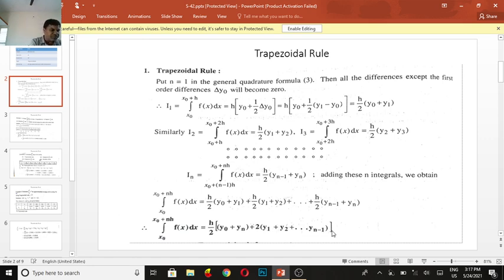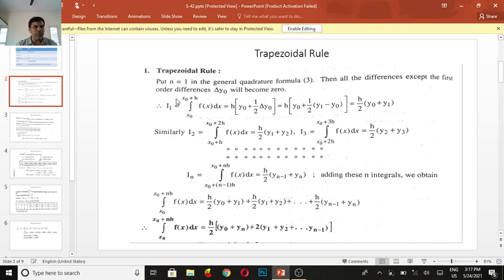Here the interval difference is just h, with n equal to 1, and this is called the trapezoidal rule.